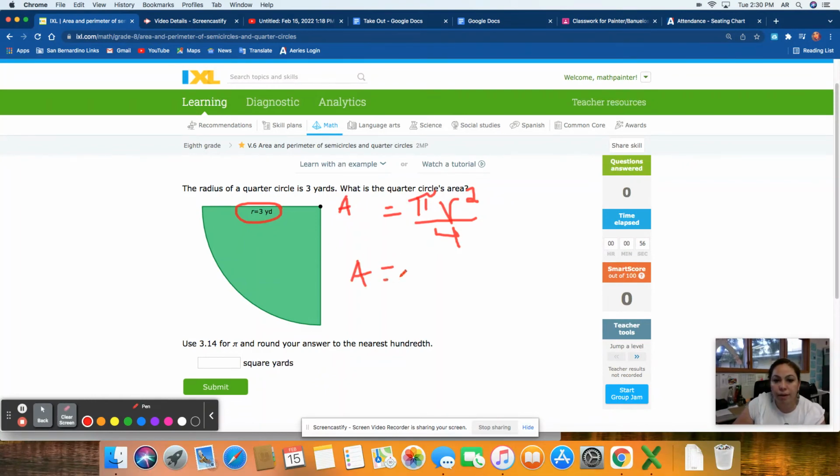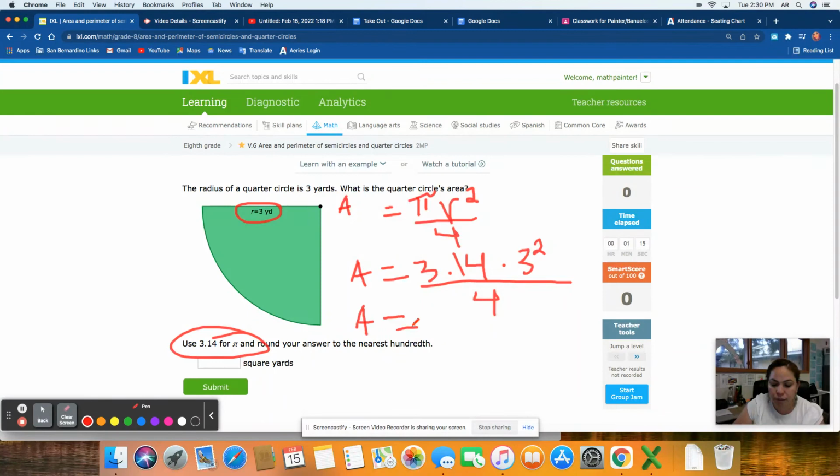So area equals, what's pi? 3.14. And then the radius is 3, times 3 to the second power, or squared, divided by 4. All right, simplify. What's 3.14 times 3 times 3, which is 28.26.